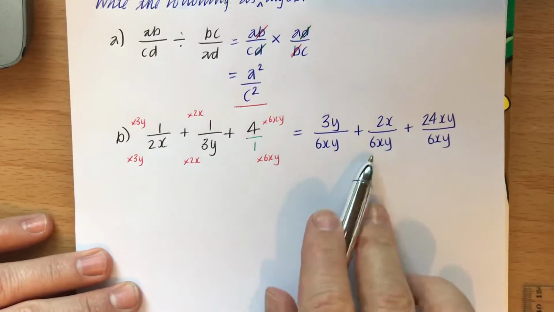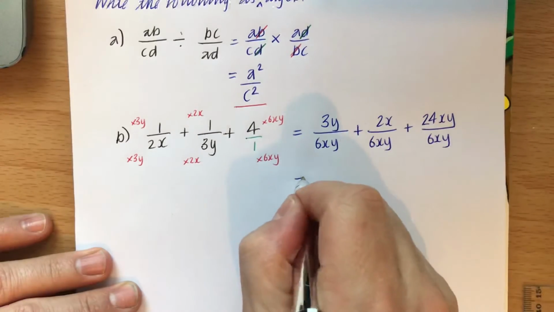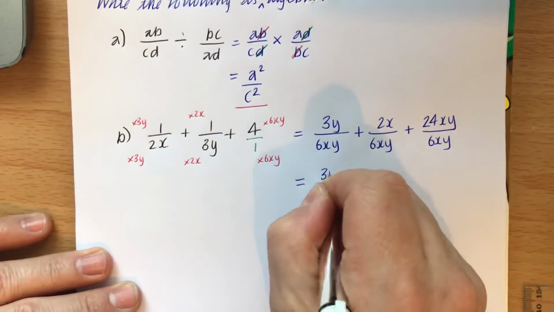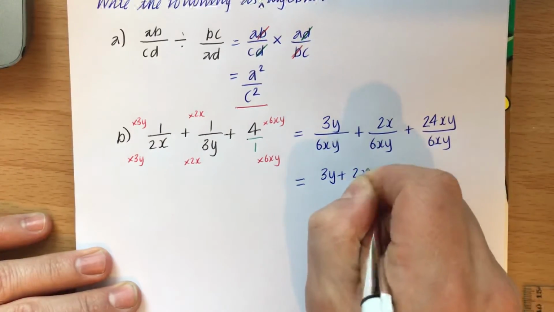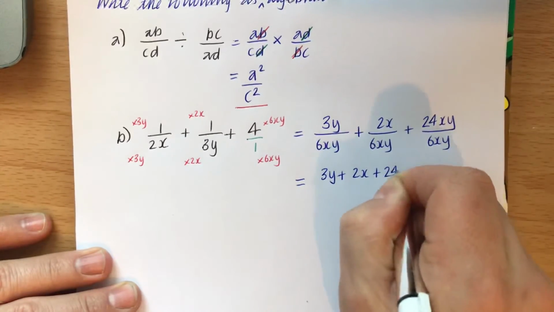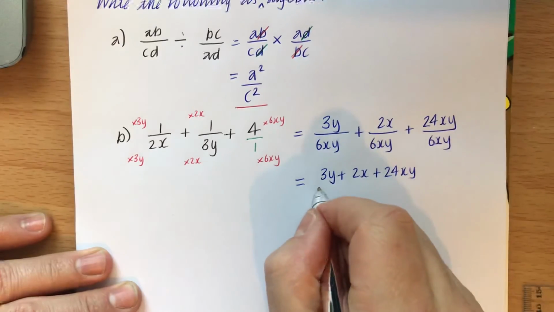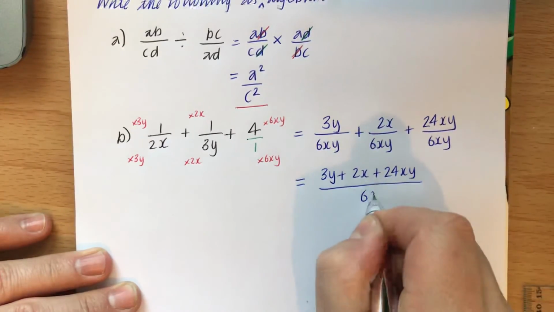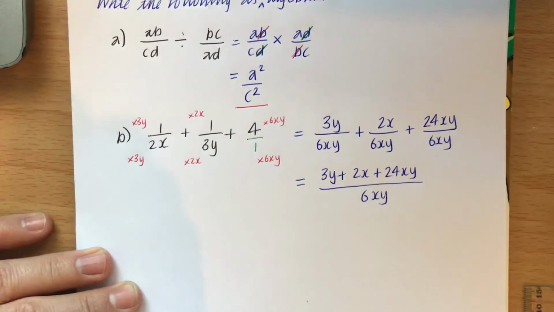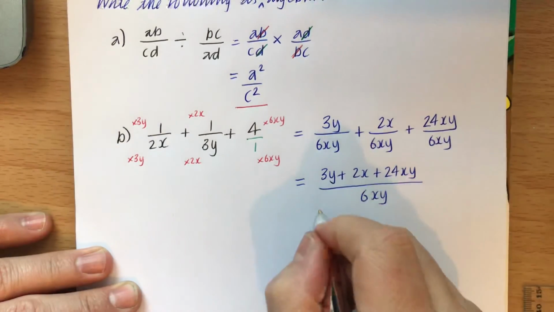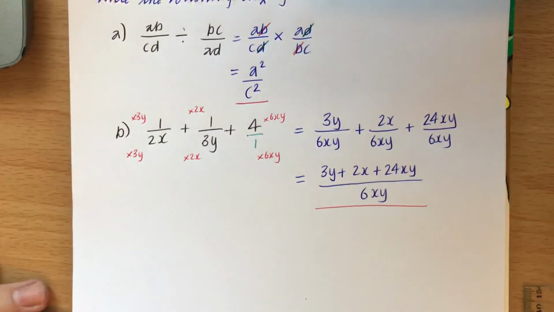So there is our common denominator of 6xy. So then we have 3y plus 2x plus 24xy. They're all different terms, so they are not going to be collected together, all over 6xy. And that is our answer to example 1b.